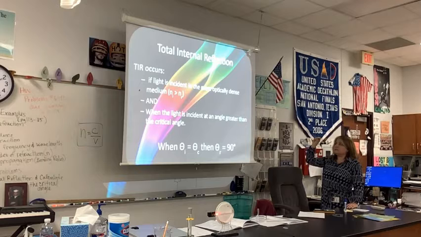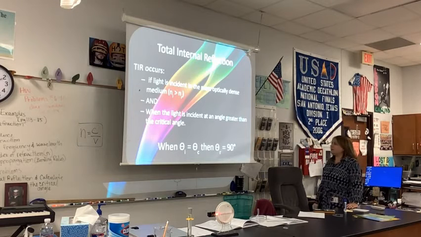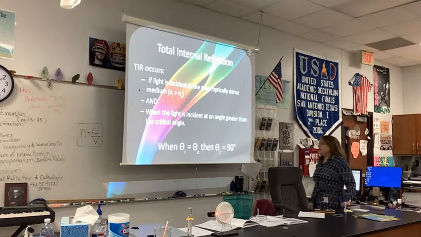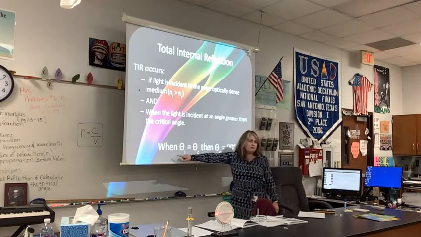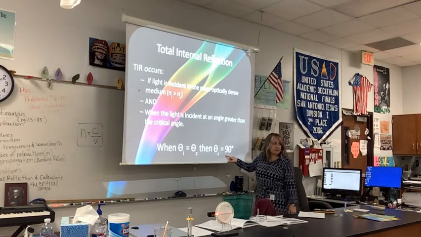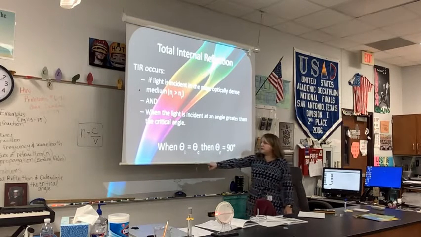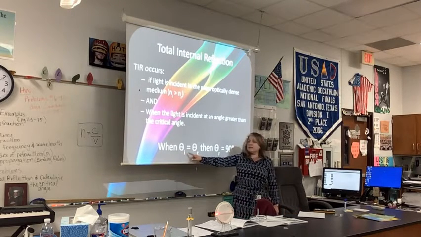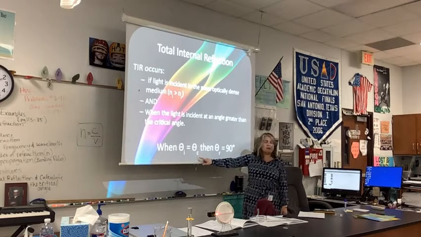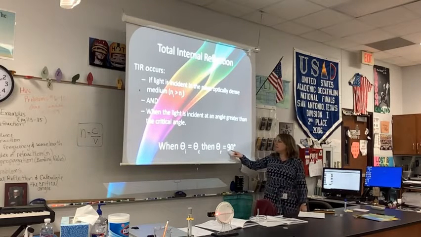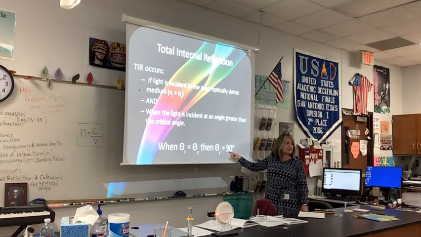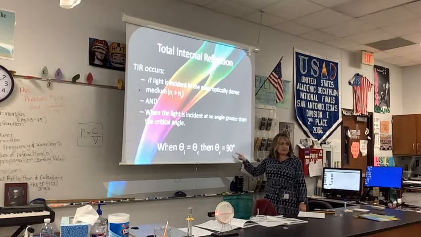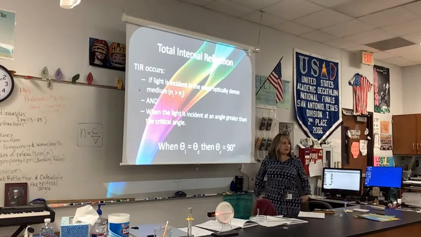So it needs to be incident in the more optically dense medium and incident at an angle greater than the critical angle. This is really what you need to solve for critical angle. Because we know that when the angle of incidence is equal to the critical angle, the angle of refraction equals 90 degrees, we can use that and Snell's law to solve for the critical angle.